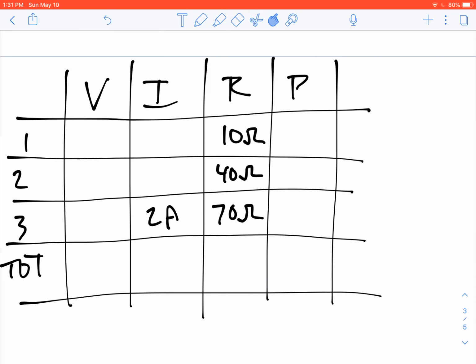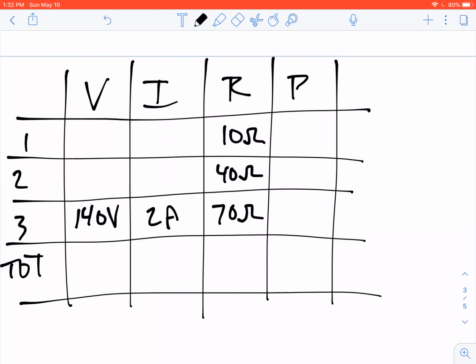All right, so where can we start here? Well, we can go horizontally and use the V equals IR formula to figure out that we must have 140 volts of potential difference across the third resistor.